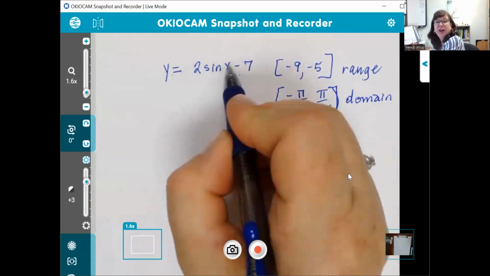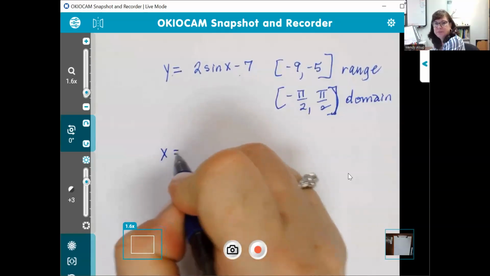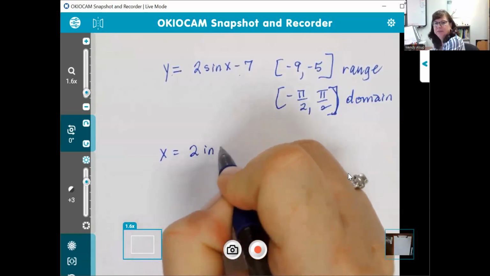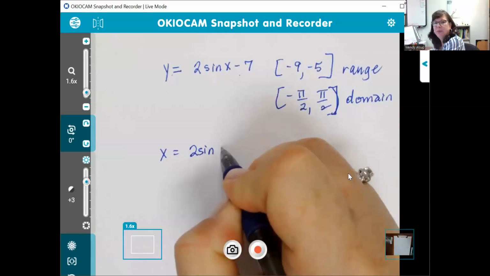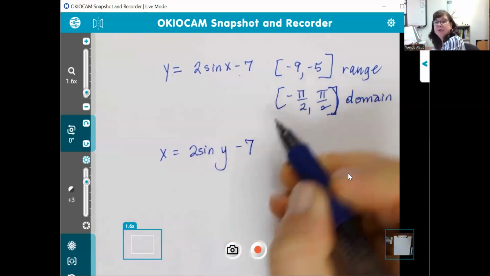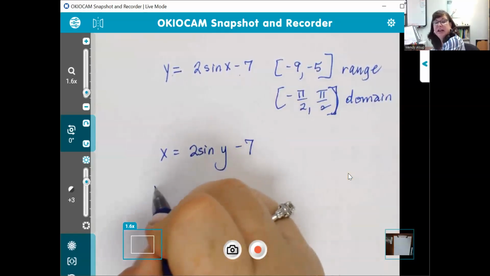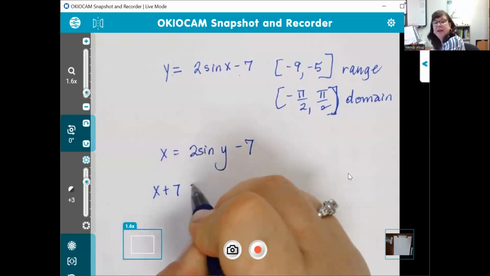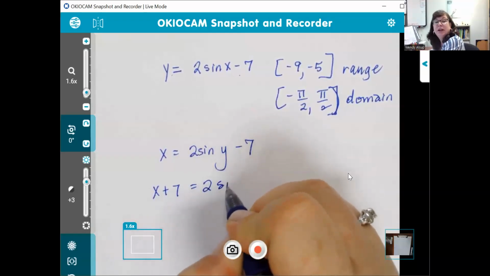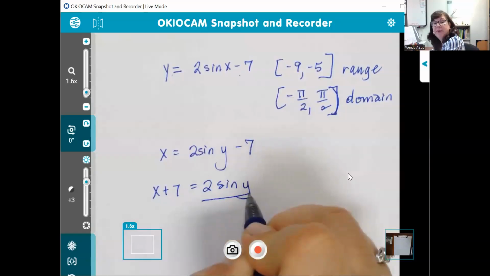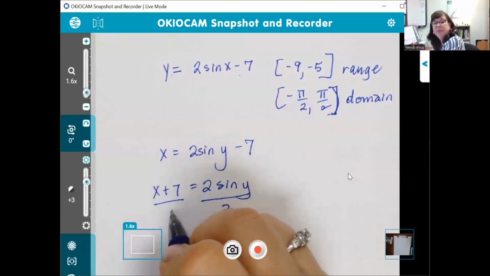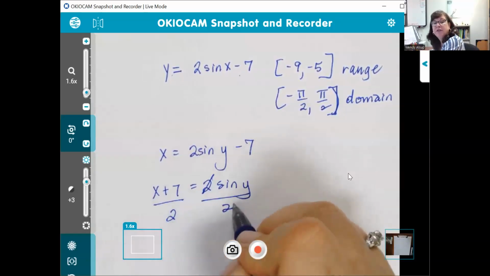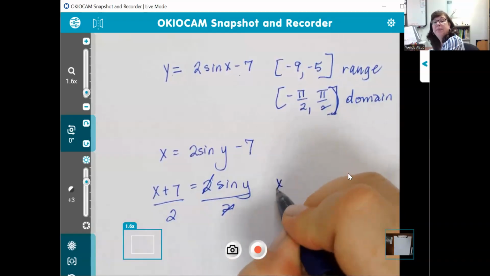Well, we have to switch our x and our y and solve. x equals 2 sine y minus 7. So I'm going to move my 7 over the other side. I've got x plus 7 equals 2 sine y. I'm going to divide both sides by 2. x plus 7 all over 2 equals sine y.